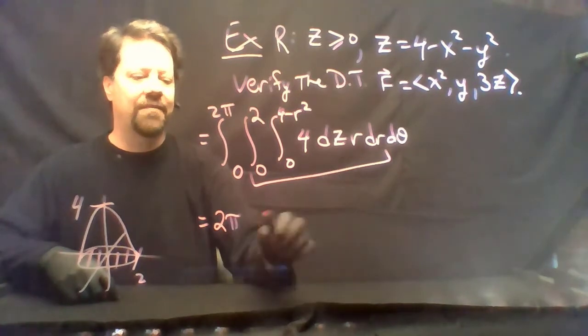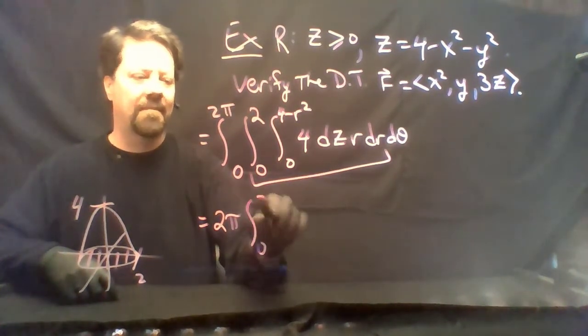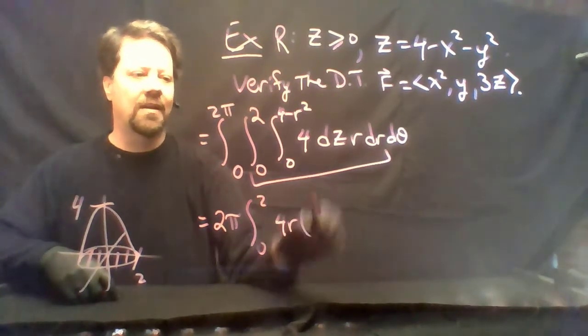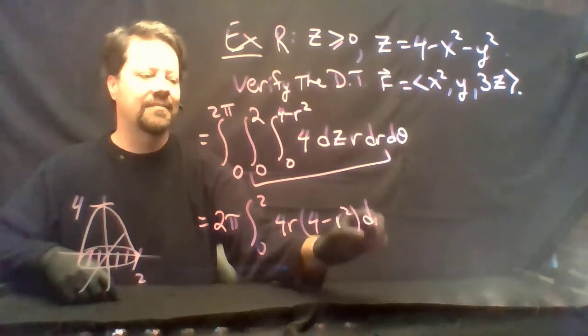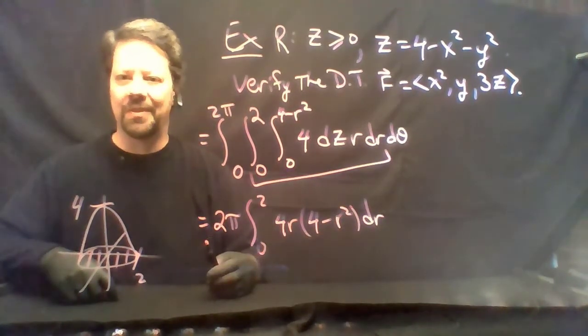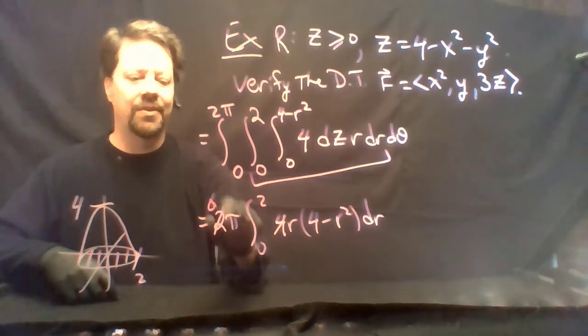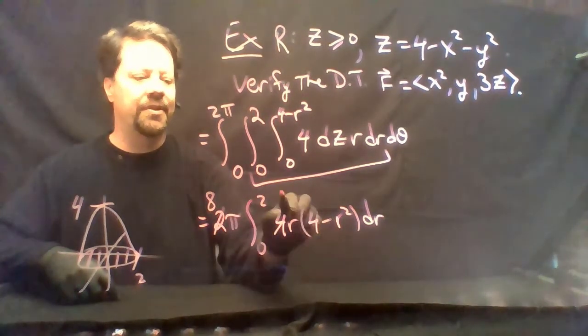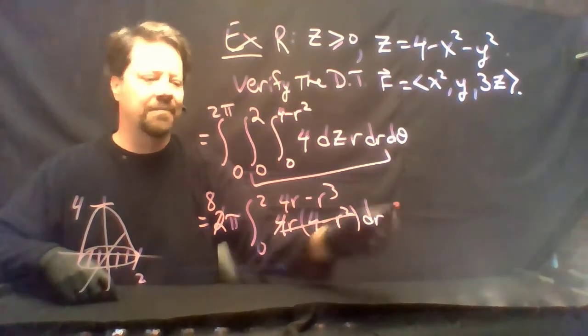We'll integrate the 4r with respect to z. We'll end up with 4r times the length of the interval, which is 4 minus r squared. And that just leaves the integral with respect to r left. This 4 can come out and join the 2 to become an 8. We'll distribute to get 4r minus r cubed for what's left over.